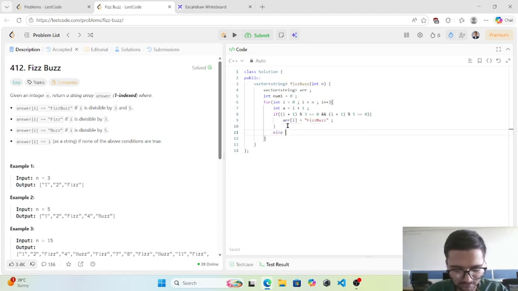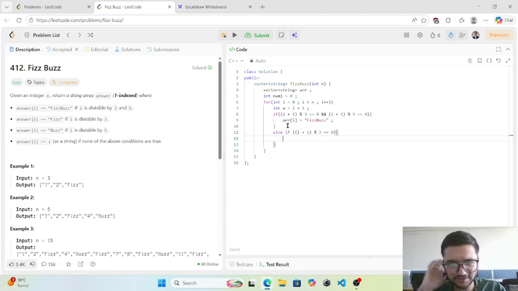Else if i plus 1 modulus 3 equals 0, it means its value is only divisible by 3, then we put Fizz.